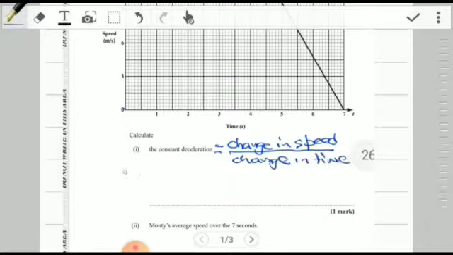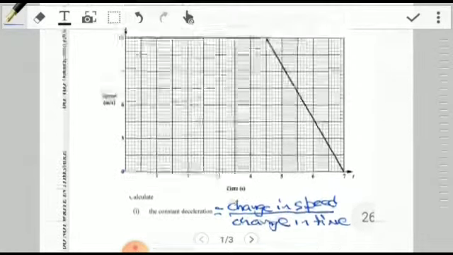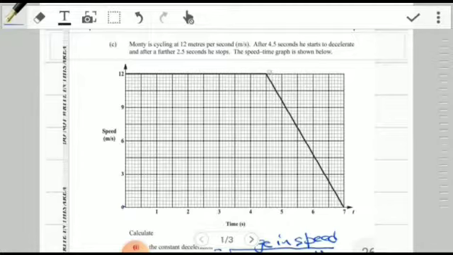So what we're looking at now is the change in the speed. Where was the speed, and where is it now? The speed was at 12, and then it ended up at 0. So the speed went from 12 to 0.